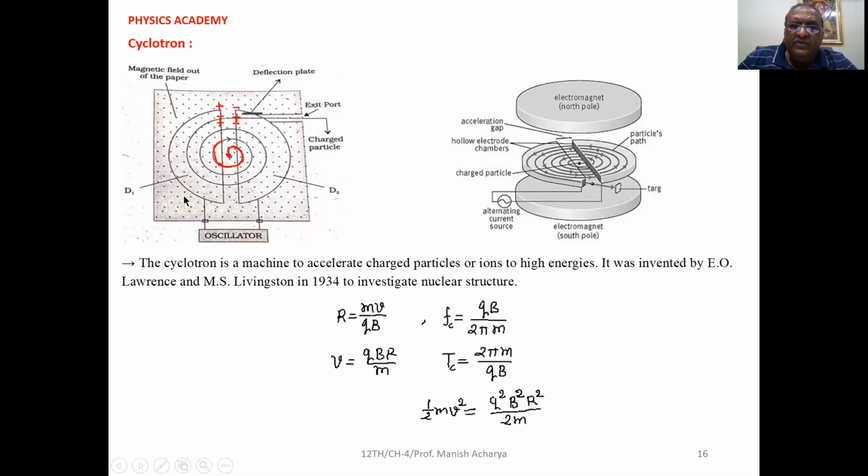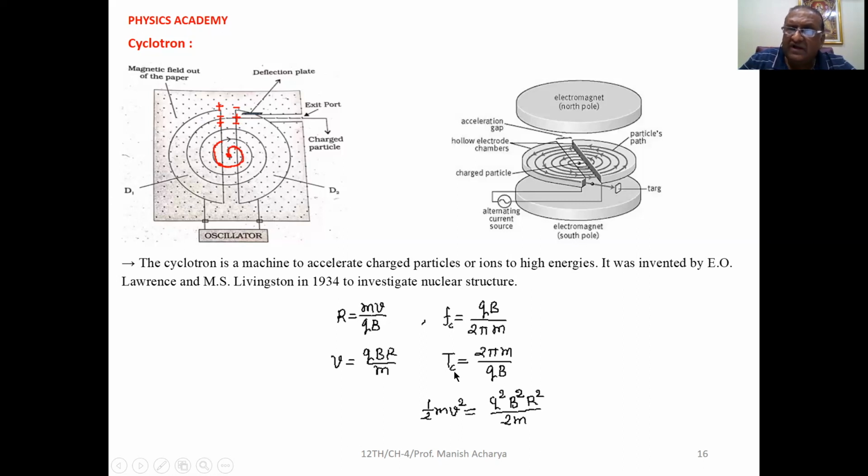And here we can write the radius of the circular path, that is mv upon qB, which we derived already. Now the frequency is qB upon 2 pi m. Here the frequency is called the cyclotron frequency, so the suffix c is written.